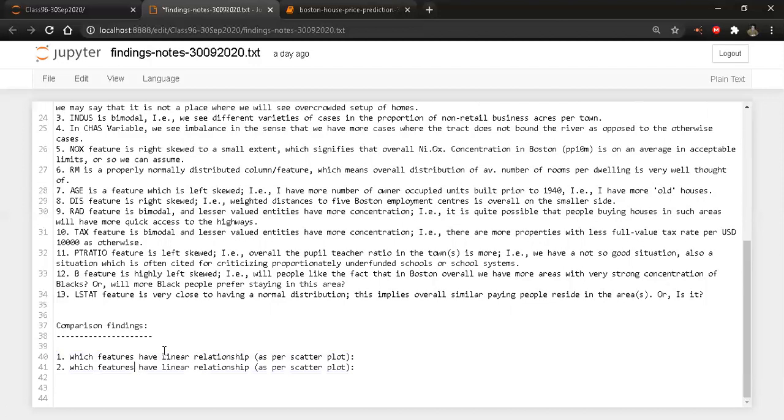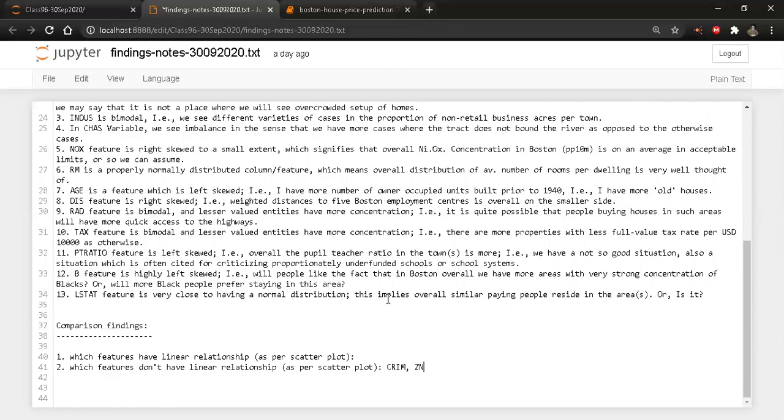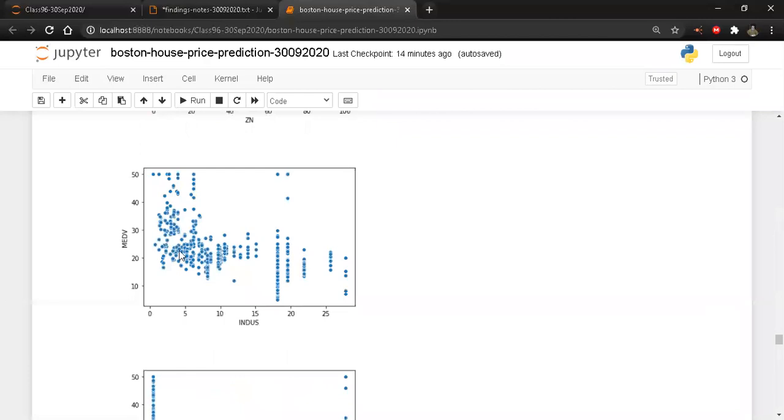Which features don't have? I've already found CRIM. The next feature I found is ZN. ZN also does not have any direct linear relationship. The third one is what? Somewhat linear relationship. INDUS, somewhat. I can try to draw it something like this. Somewhat.